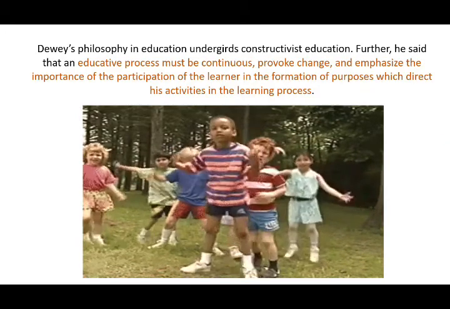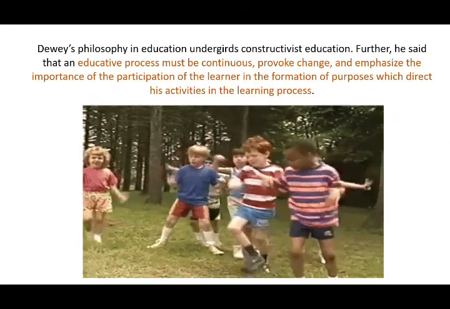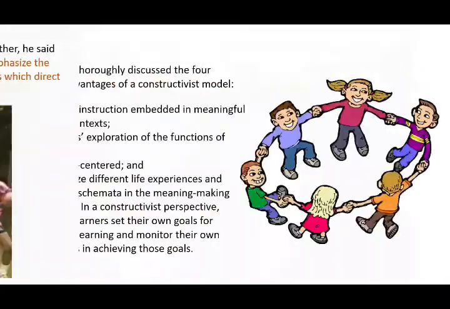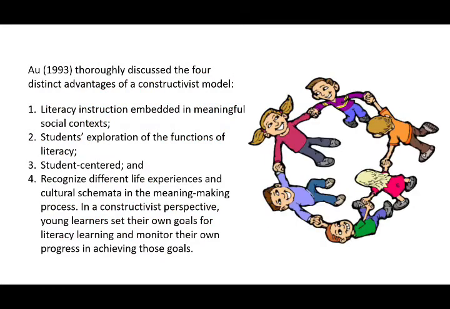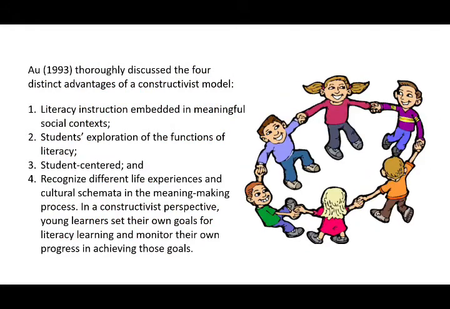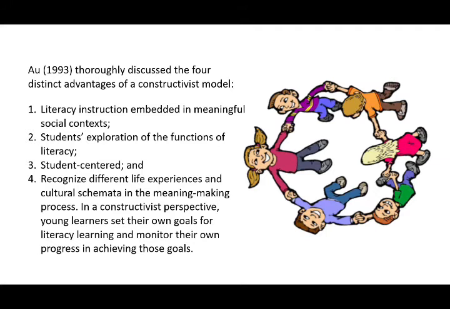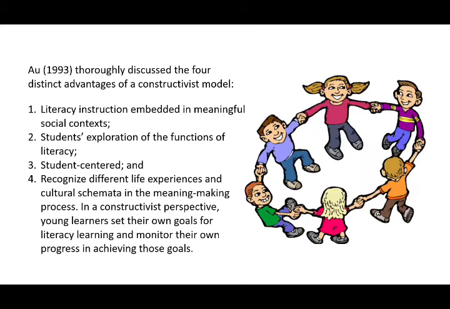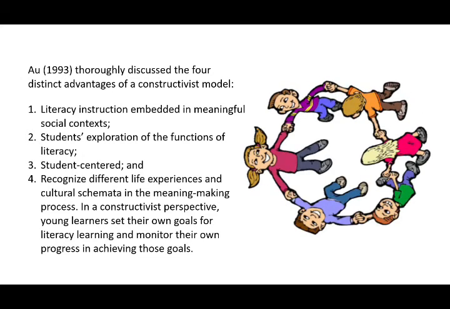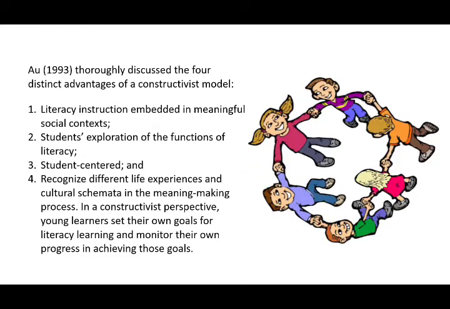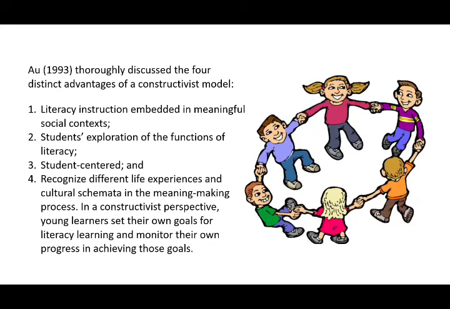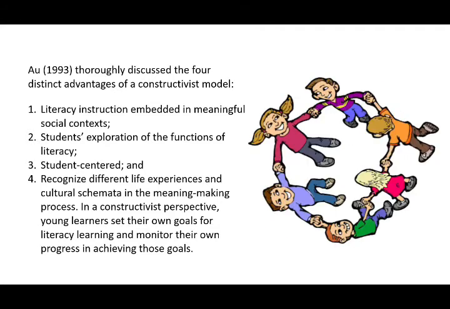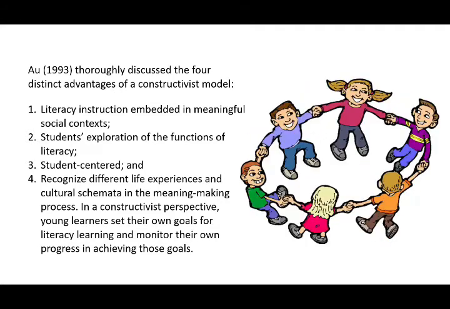All right. Now, in the discussion of the constructivist model, class, Ao cited four distinct advantages of it. The first one, literacy instruction embedded in meaningful social contexts. Meaningful social contexts means that learners learn knowledge, skills, and values through experience.